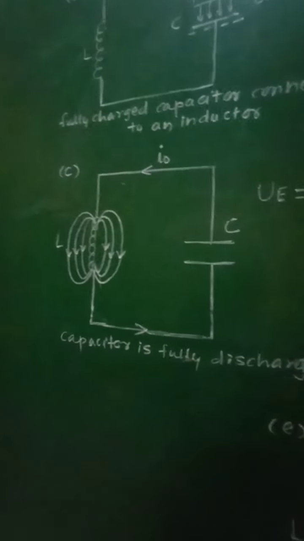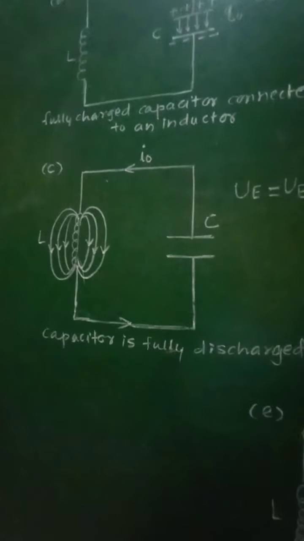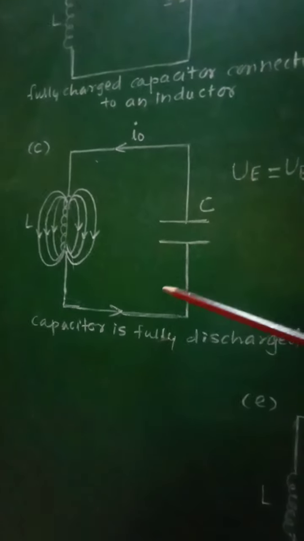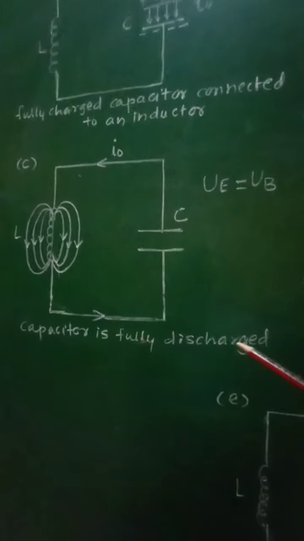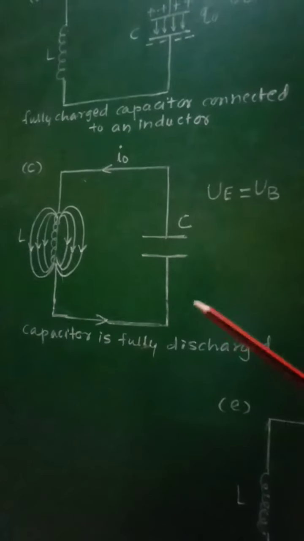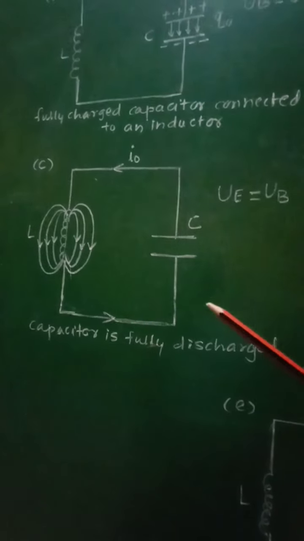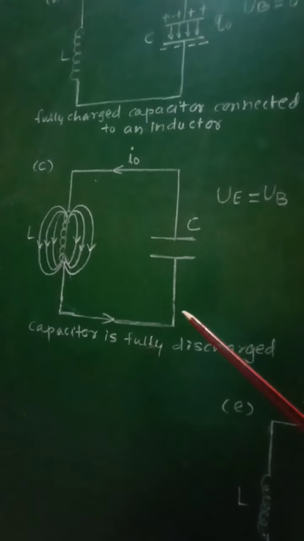So in the second case, the discharging of the capacitor begins, and in case C, that capacitor is fully discharged. So at any later instant, after the second step, the capacitor gets fully discharged.